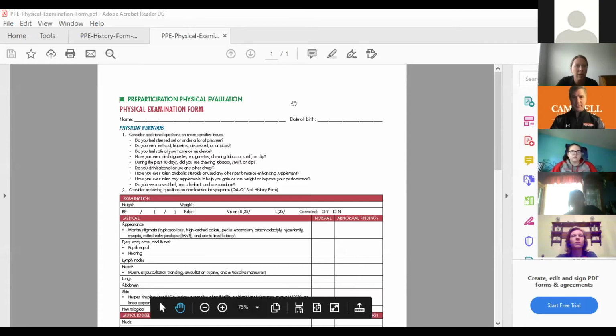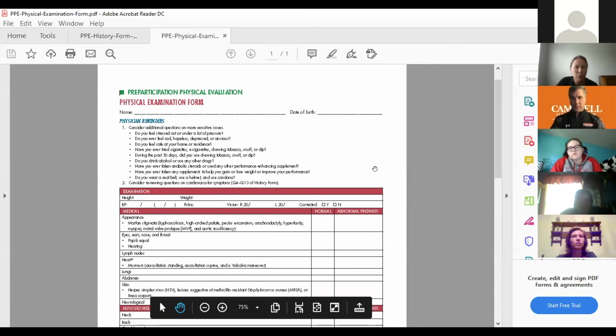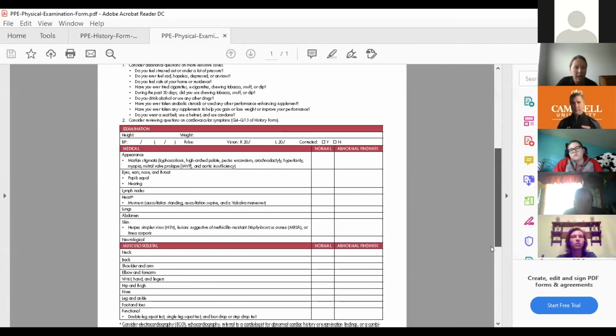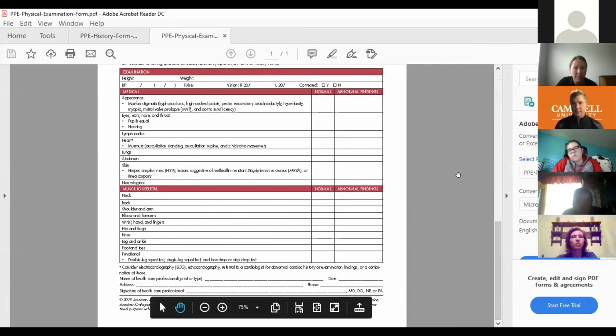Yes. Okay. Now this is the form that we're going to be using for our band and color guard, okay? And this was taken from the American Academy of Pediatrics, and it's endorsed by many different health and medical organizations here at the bottom.